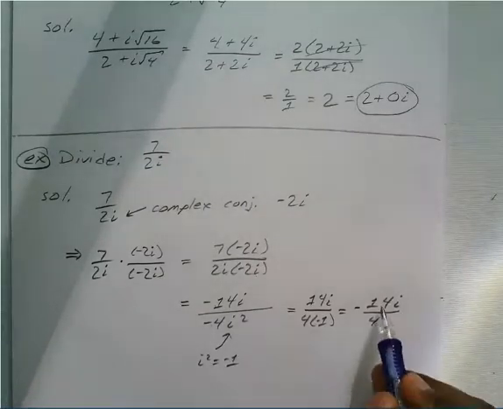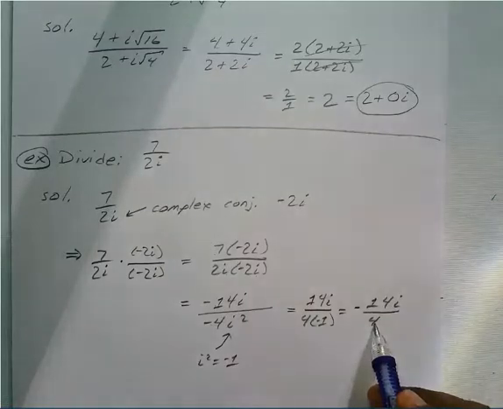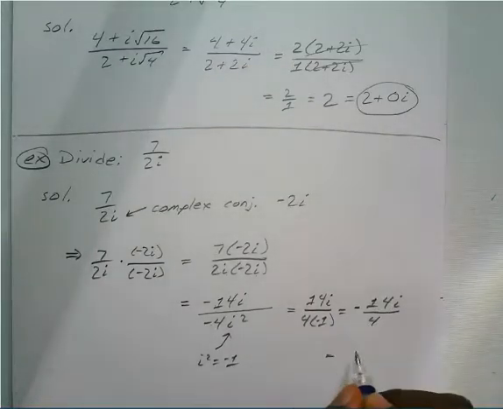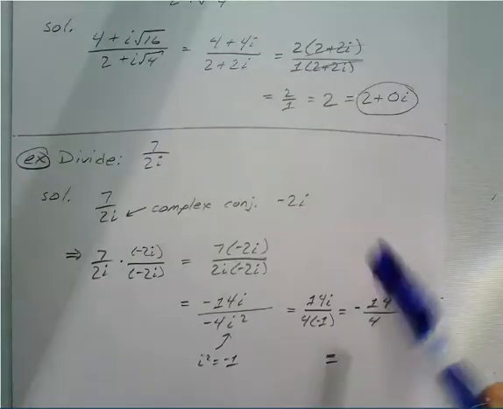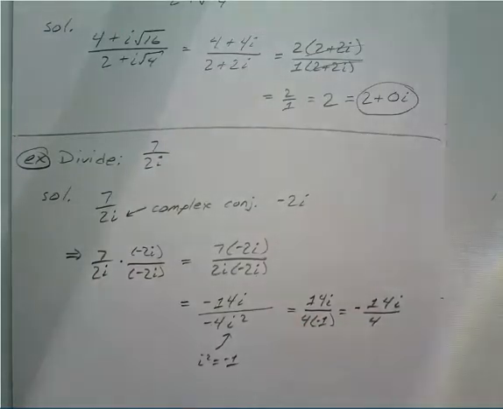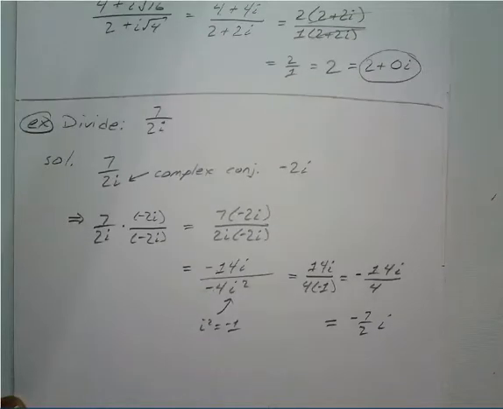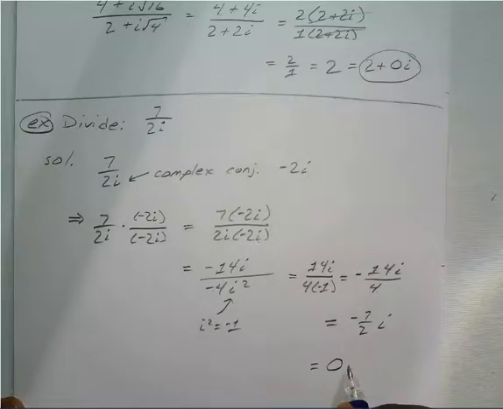Okay, and that's simplified because 2 goes into 4 twice, and 2 goes into 14 7 times. So we end up with negative 7 over 2i. But if we wanted to write that in a plus bi form, of course that's 0 minus 7 over 2i.